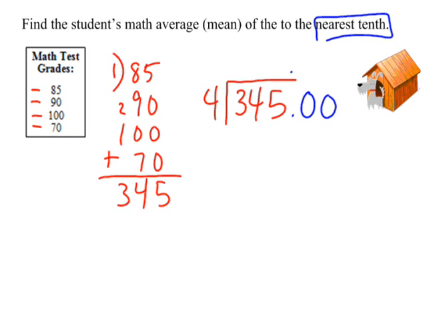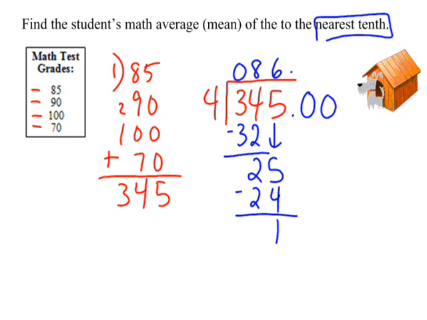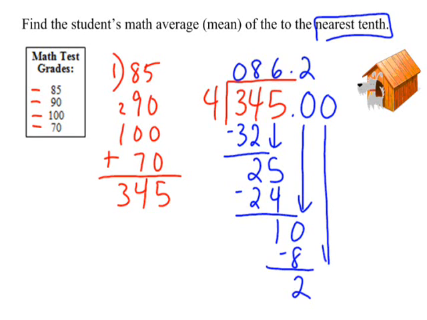And let's go ahead and do this. So 4 doesn't go into 3, but it does go into 34 8 times. 4 times 8 is 32. I'm going to subtract. Bring down here. 4 goes into 25 6 times. 6 times 4 is 24. Subtract 1. Bring down the 0. 4 goes into 10 twice. And 4 times 2 is 8. And we'll bring down one more 0, and 4 goes into 20.